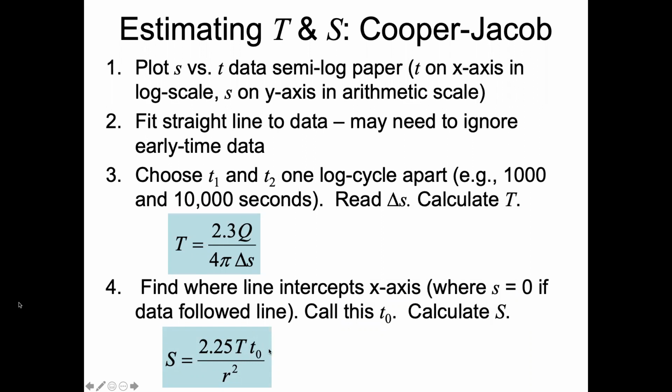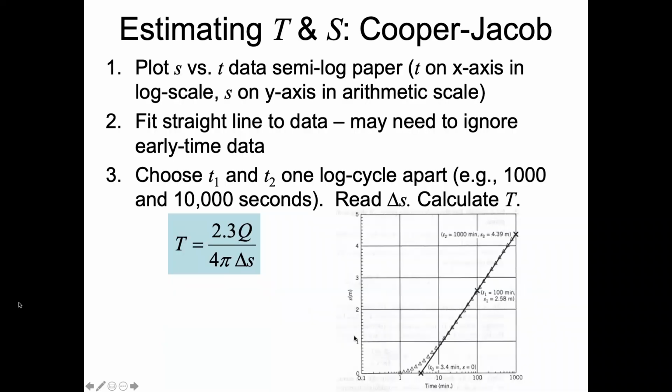In order to understand what this initial time is, we have to look back at the line that we drew. This is where our drawdown is going to be 0, because it's the intercept with the axis.